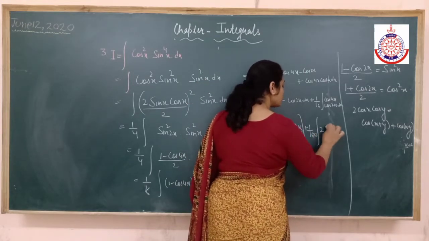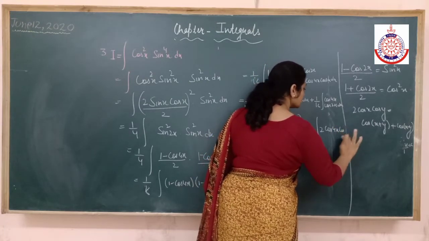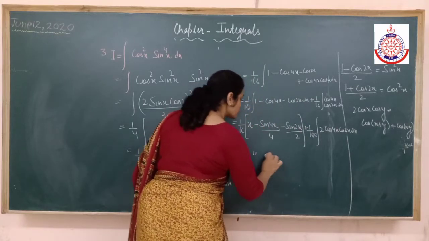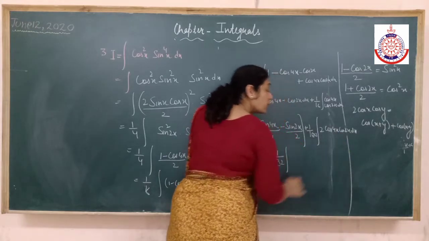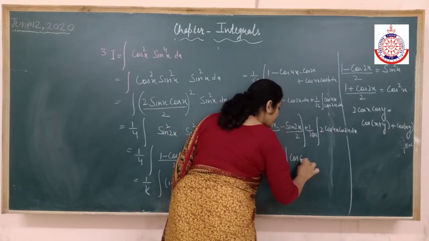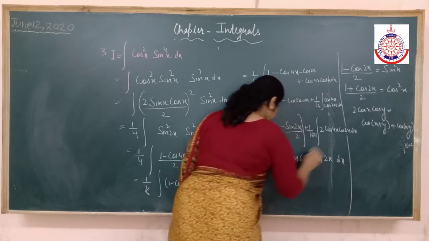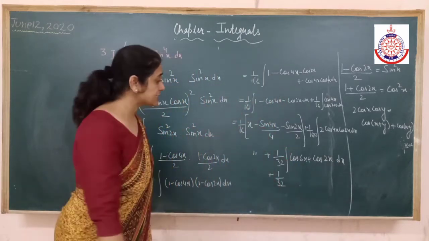Multiply and divide by 2. Alright, this will come as it is. So plus 2 cos x cos y is cos x plus y plus cos x minus y. So now it's segregated, so I can integrate it.